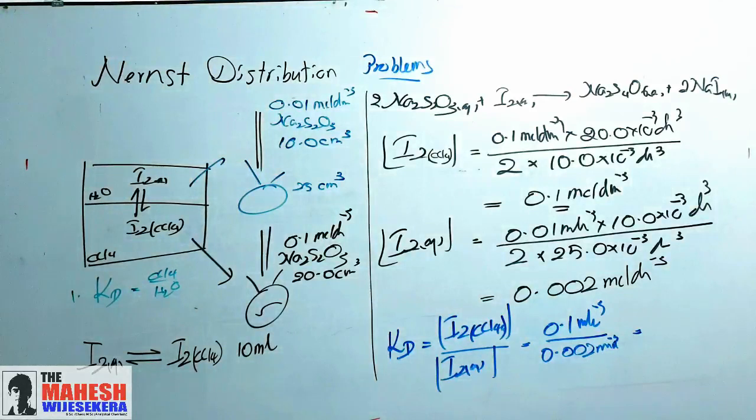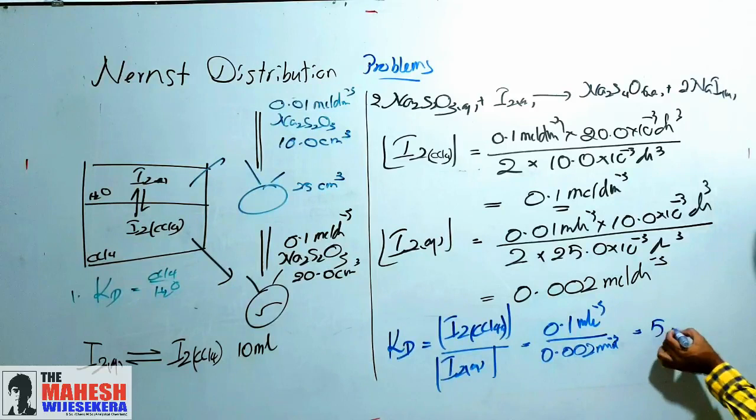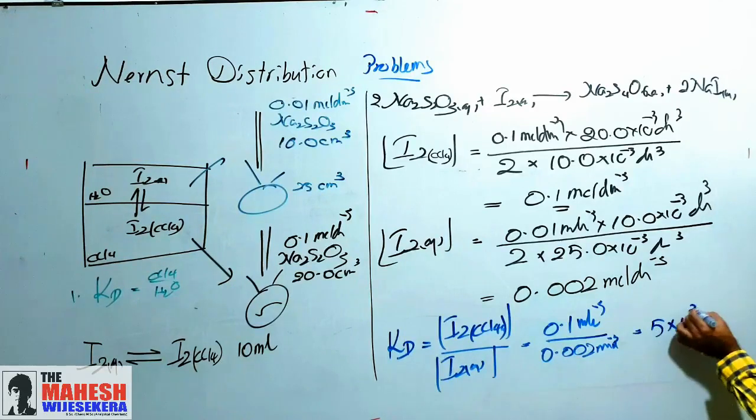How much is that? That is just 1 over 200. So it is 5 into 10 to the power 3.